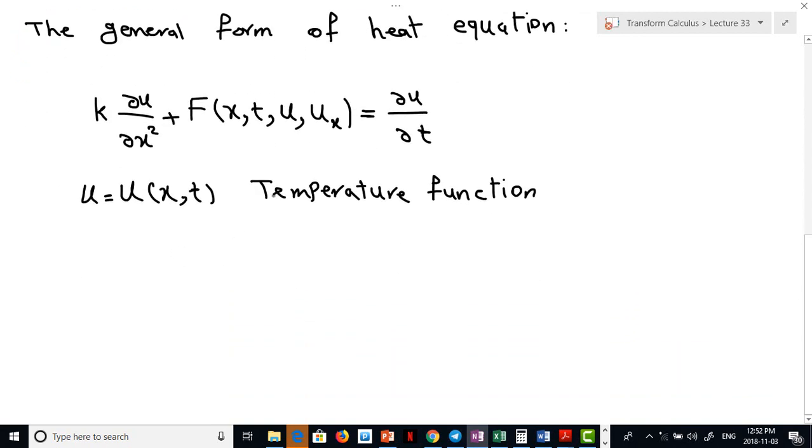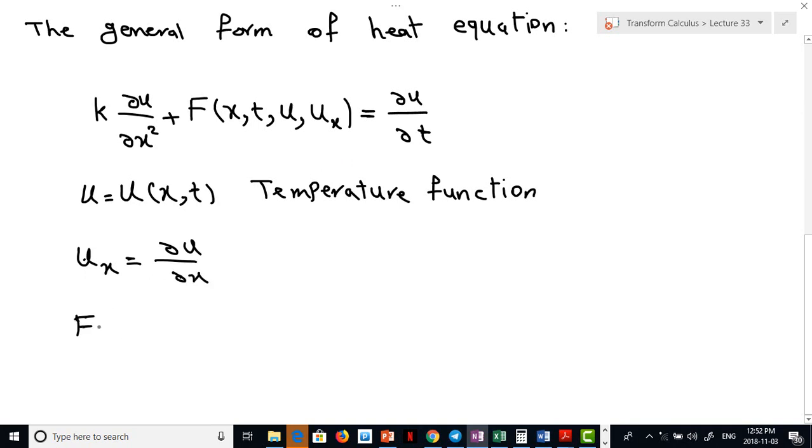What's F? F is a function of x, the position or location on the rod, t, which is the time, u, the temperature function, and u_x, which is the derivative of u with respect to x.